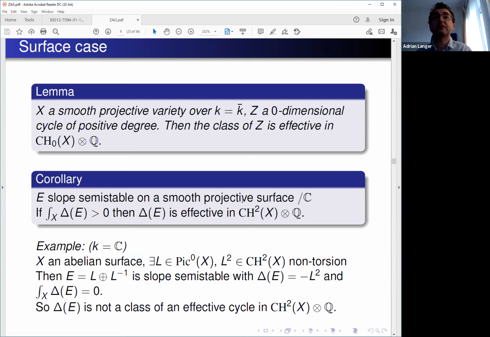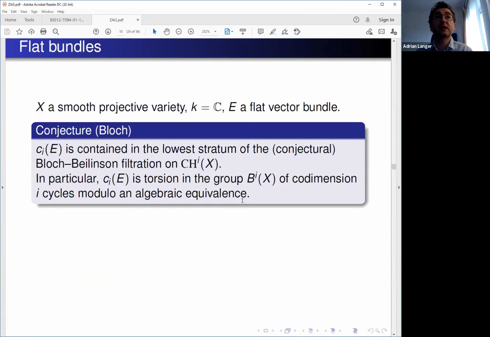But this is the only thing that prevents us from effectivity. This is what I'm going to study next. But before that, I'm going to go to a slightly different topic.